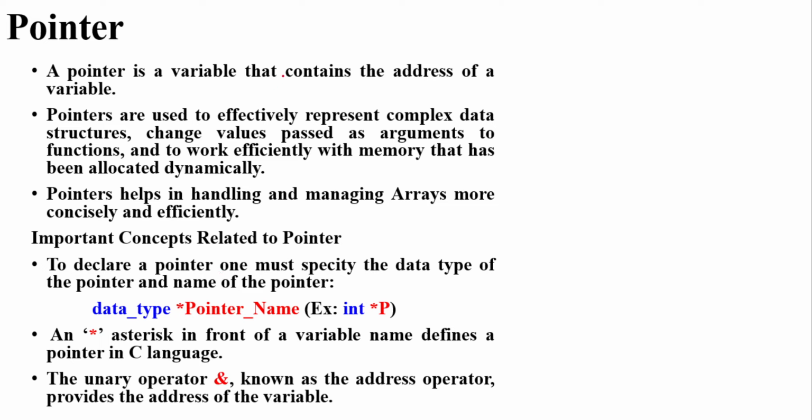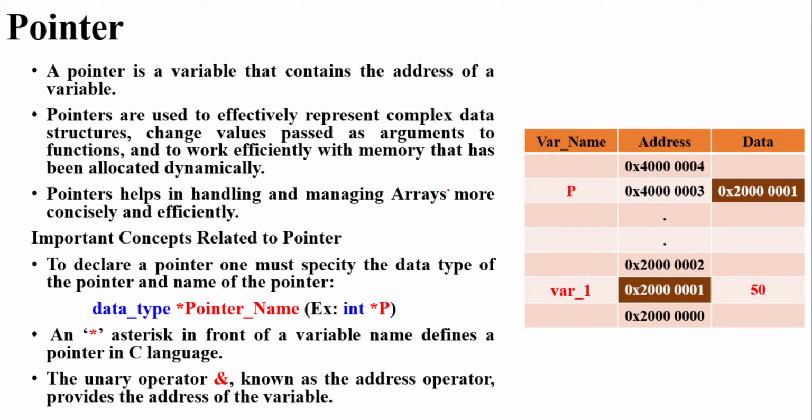And like I said, a pointer contains the address of another variable. For that we use the unary operator ampersand sign to attach an address to the pointer. Let us briefly see how things are managed within the memory. First of all, we will have a variable, so we have to declare a variable name. The variable name here is var1. The address of that variable, assume, is 0x20000001, and the data in that variable is 50.